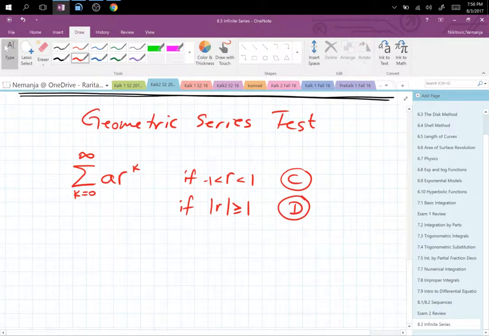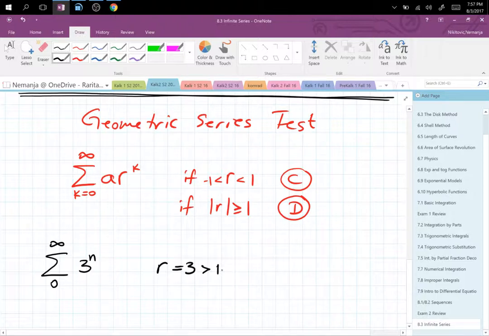So I need this space to write something else here, but I want immediately to show just a quick example. So here I have 3 to the n from 0 to infinity. The way you solve this problem is you use your eyes and you look and you say r is equal to 3, which is bigger than 1, problem diverges, and you move on with your life.